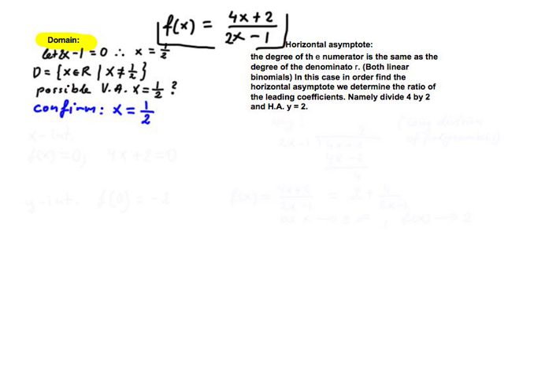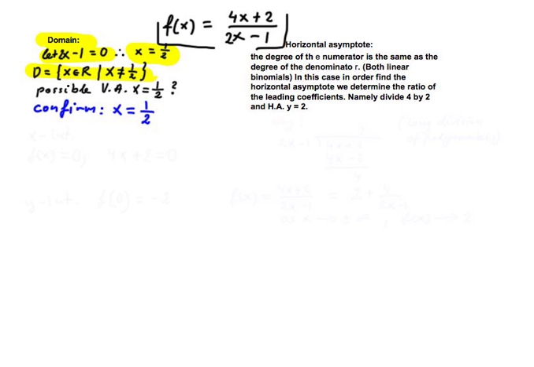So let 2x minus 1 be equal to 0. You solve that equation and you get x is equal to 1 over 2. 1 over 2 would make the denominator equal to 0. Therefore, the domain is the set of all real values such that x is not equal to 1 over 2.